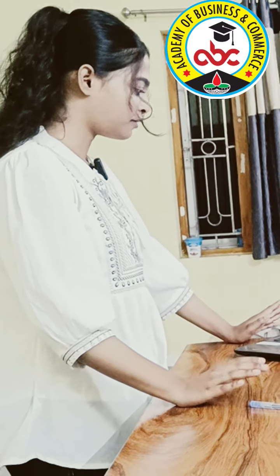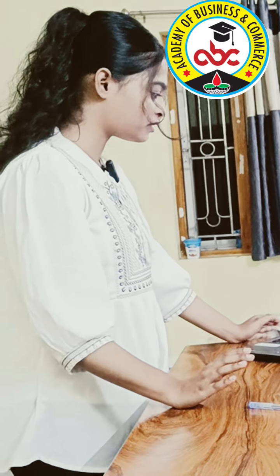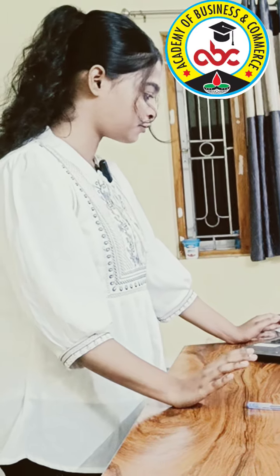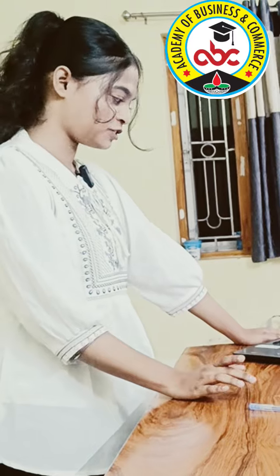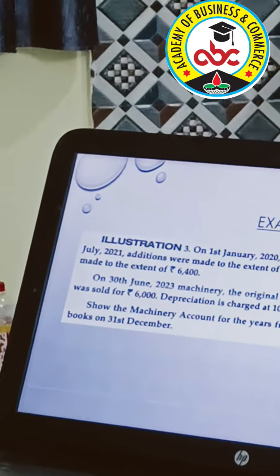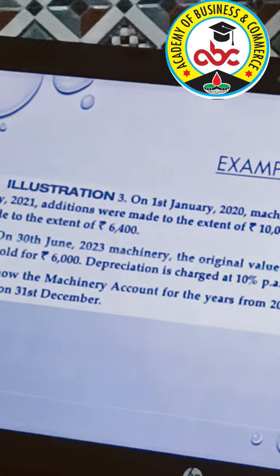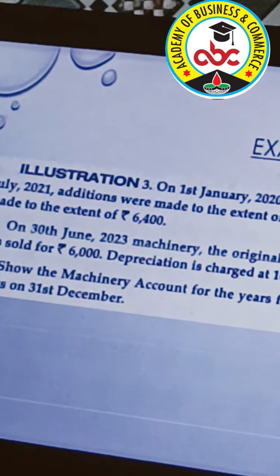On 30 June 2023, machinery, the original value of which was 8,000 on 1st January 2020, was sold for 6,000. Depreciation is charged at 10% per annum on original cost. Show the machinery account for the years 2020 to 2023 in the books of X. X closed his books on 31st December.